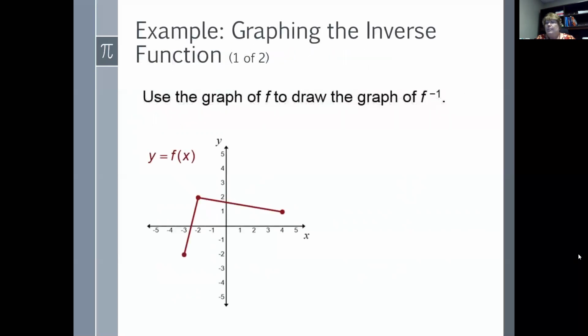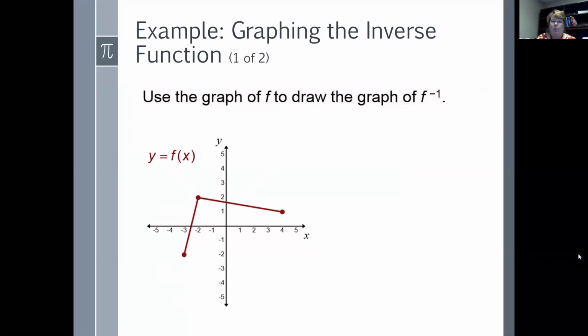Okay, so how do you graph the inverse of a function given the graph of the function? Well, what does the inverse do? The inverse interchanges all the components in the ordered pairs. So here we have a graph of a function, and we have 3 points on the graph of this function.